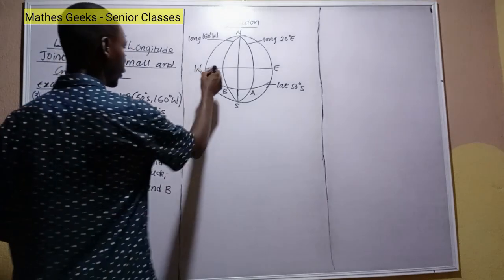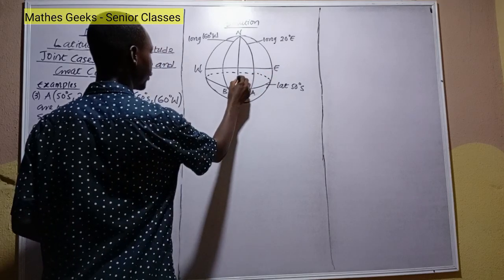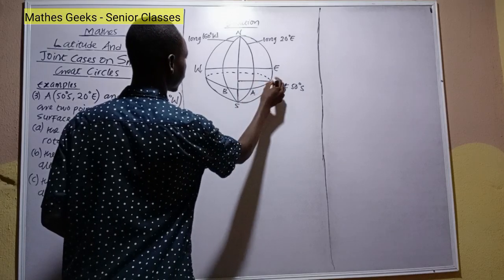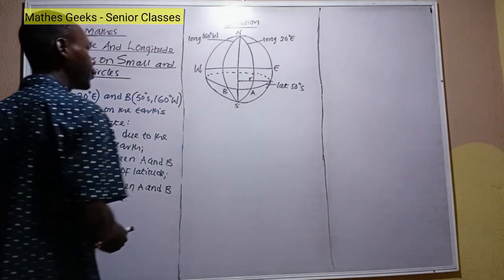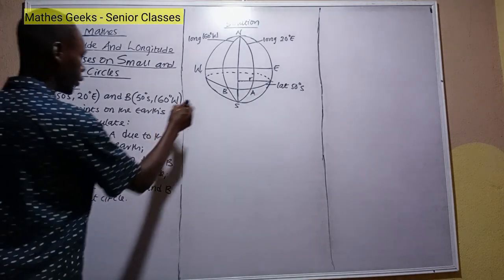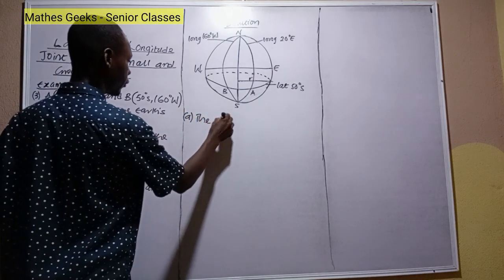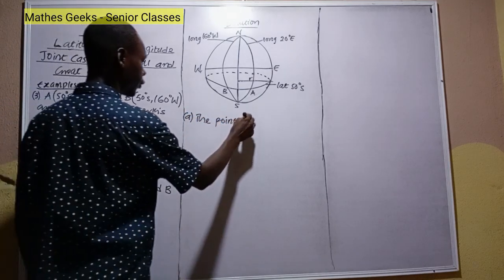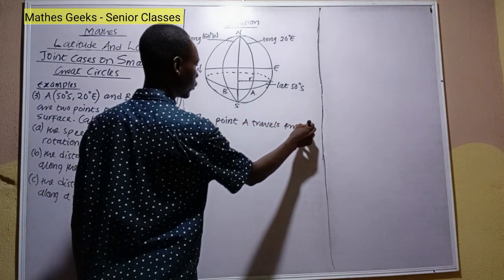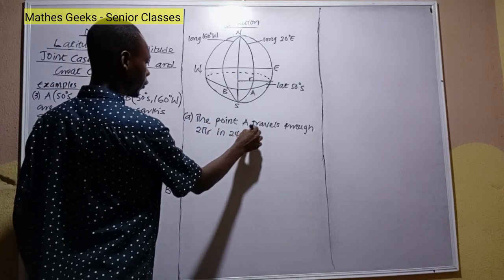So, okay, I can complete it. So this is the radius of this small circle. Okay, so B says the speed of A due to the rotation of the Earth. The point A travels through 2 pi r in 24 hours.